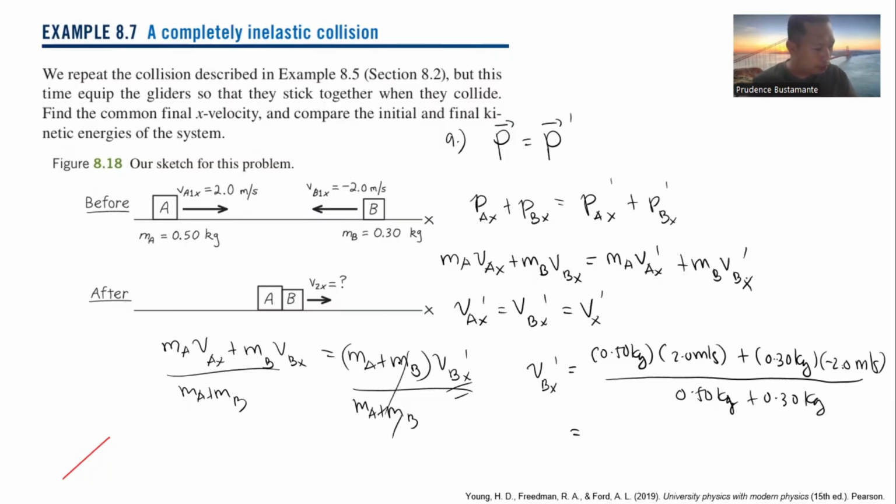So we have 0.50 meters per second in two significant figures.